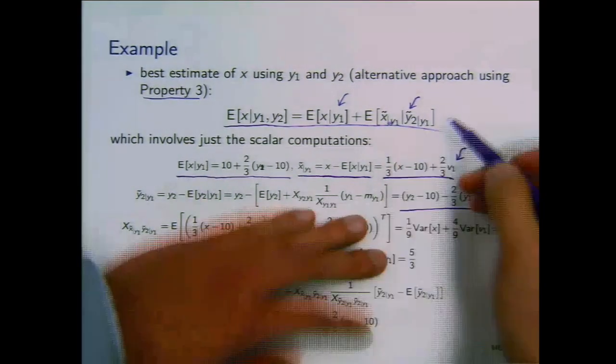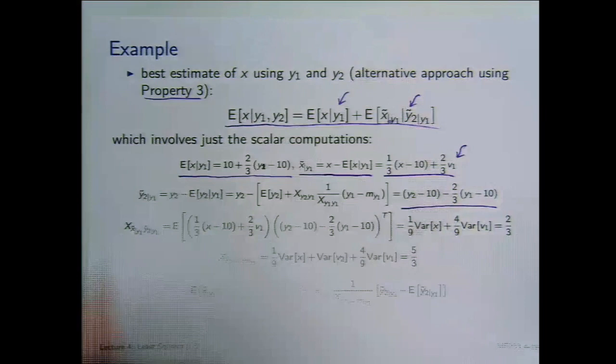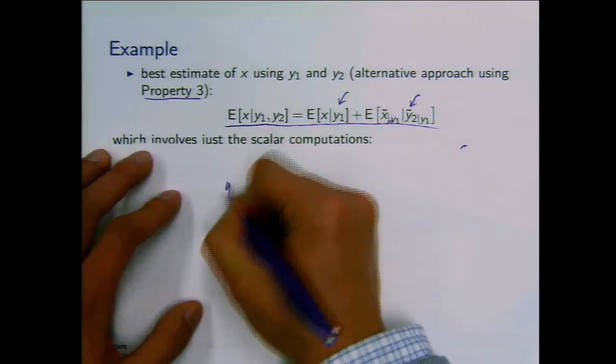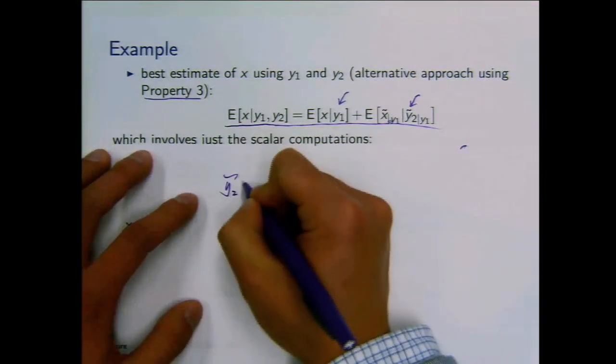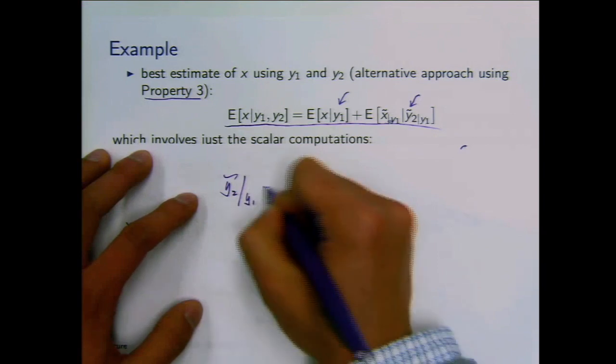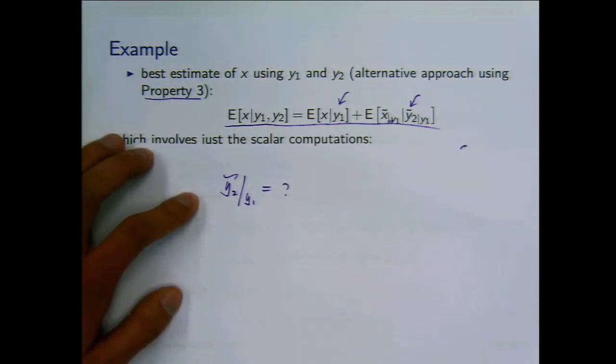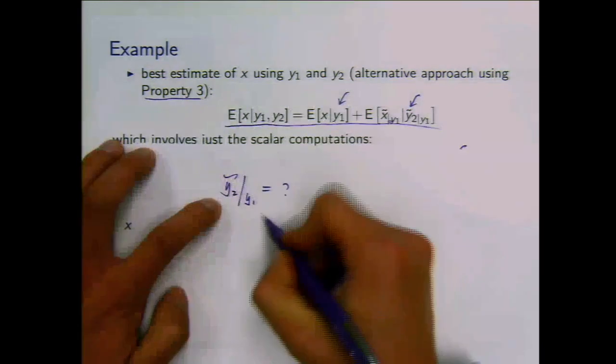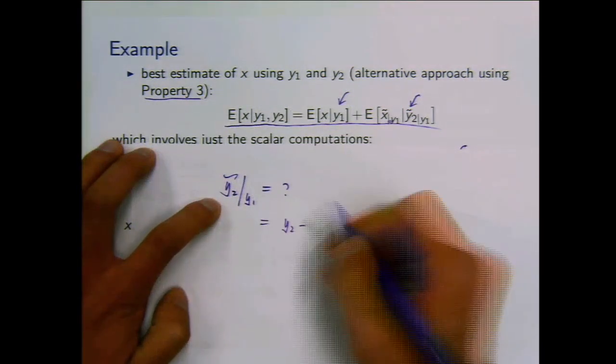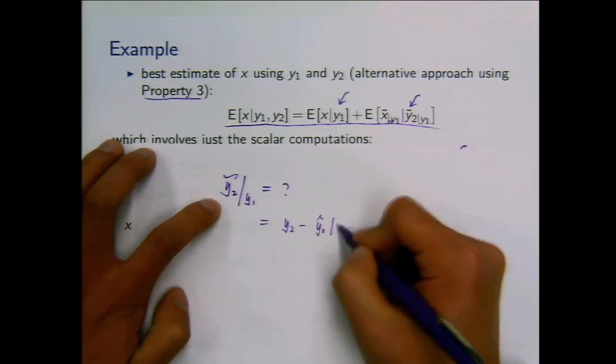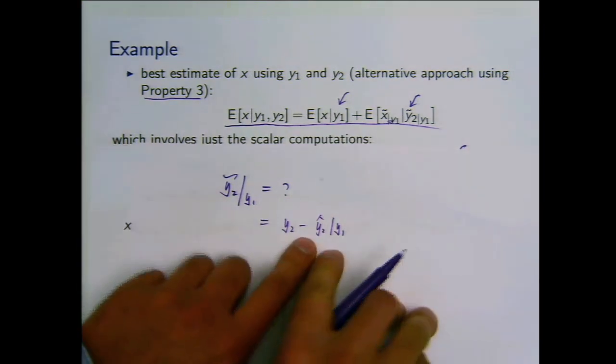To obtain this, how do we obtain y2 tilde given y1? The definition is y2 minus y2 hat given y1, and this is a conditional expectation.